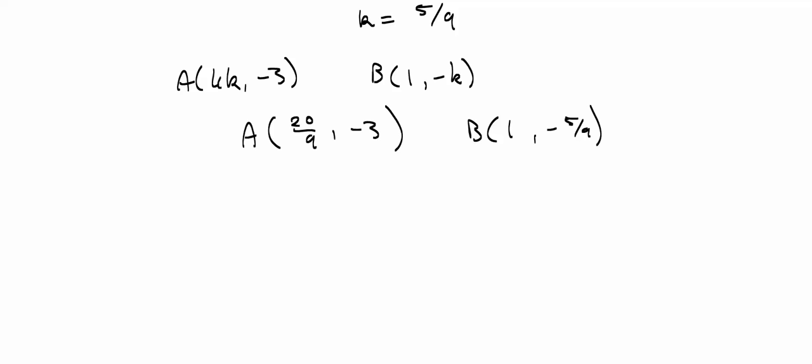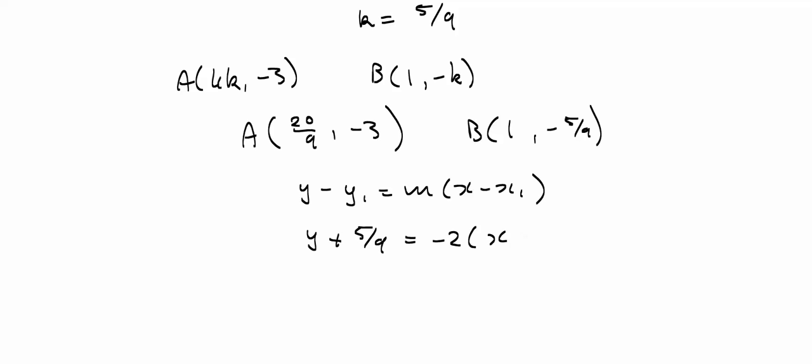So we need to find the equation of the line L. So using again y minus y1 is m times x minus x1, and we can choose either A or B as x1, y1. I'll choose B. So we'll have y minus minus 5/9, so that's plus 5/9, equals the gradient m, which is minus 2, times x minus the x coordinate of B, which is 1.